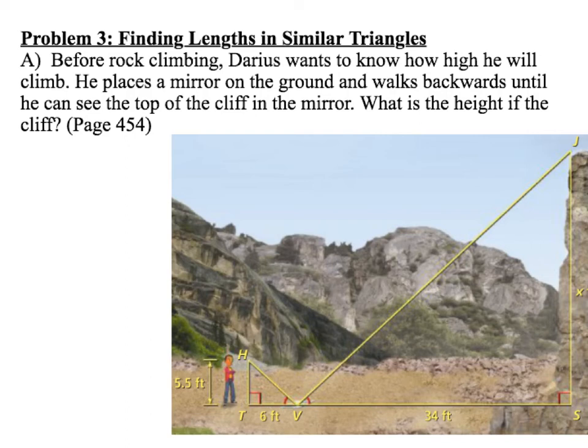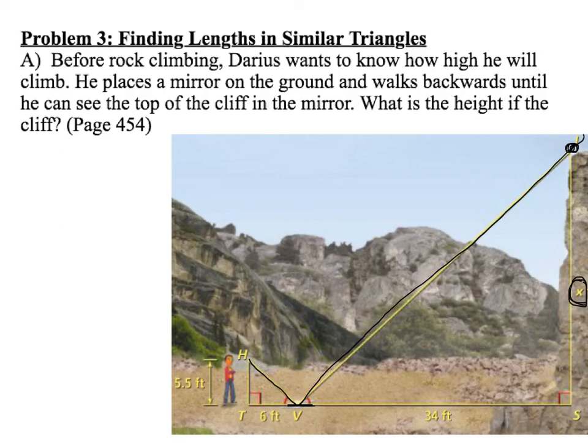He places a mirror on the ground, and walks backwards until he can see the top of the cliff in the mirror. What is the height of the cliff? So we're looking for x over here. We know he walked backwards 6 feet, his mirror is 34 feet from the base of the cliff, and Darius is 5.5 feet tall.